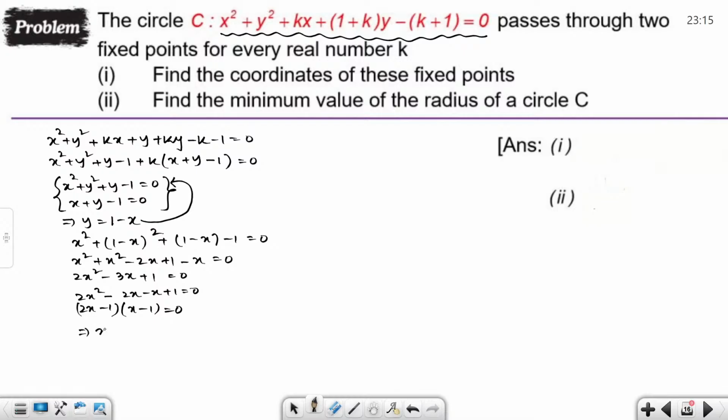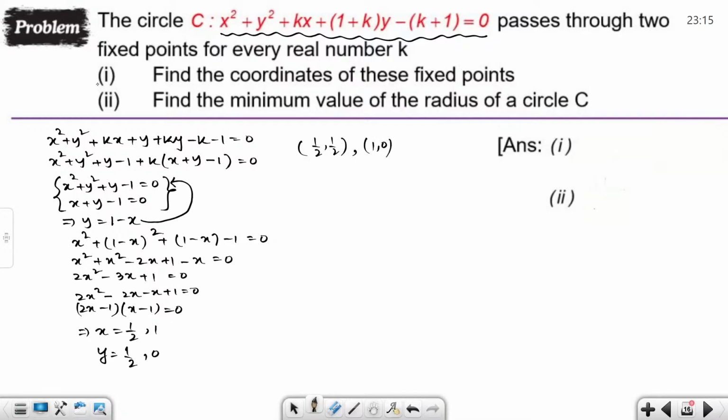So from here we can write that your x is half and 1. So the abscissa of that two fixed points are half and 1. So the corresponding value of y will give us half and 0. Is it clear? Therefore, the two fixed points are half comma half and 1 comma 0.